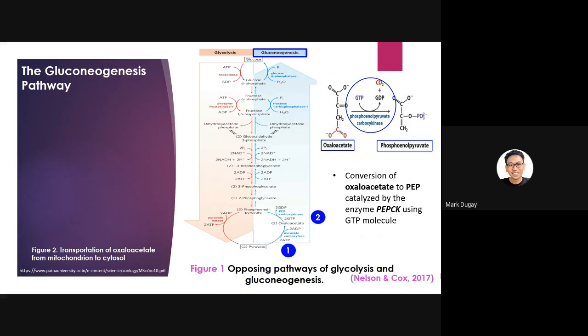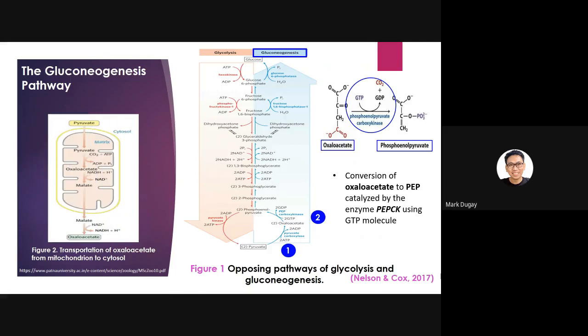Prior to this reaction, oxaloacetate is shuttled into the cytosol from the mitochondrion. Oxaloacetate consumes NADH to be reduced to malate in order to leave the mitochondrion, and is reoxidized back to oxaloacetate once it is in the cytosol, releasing NADH.